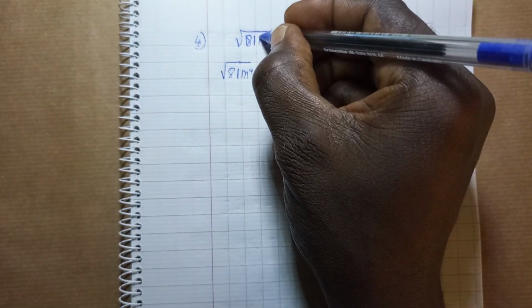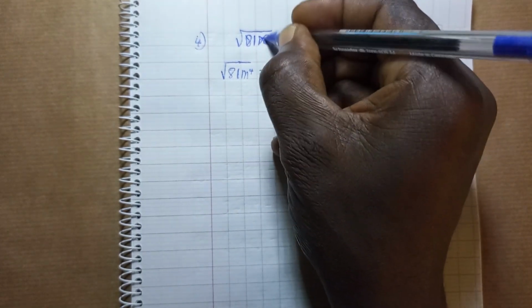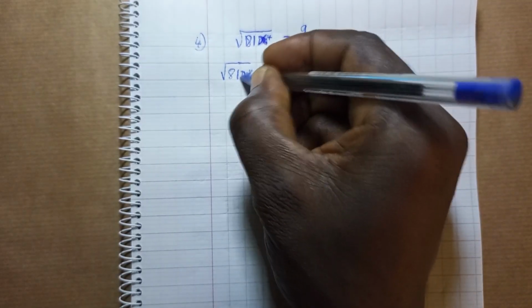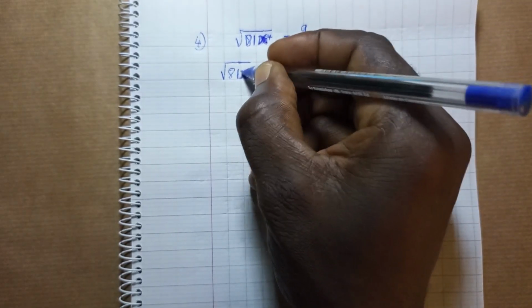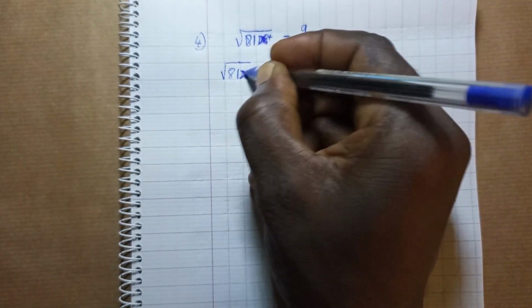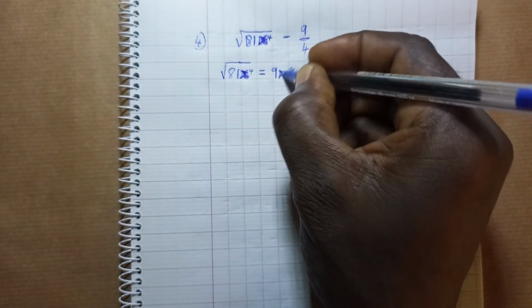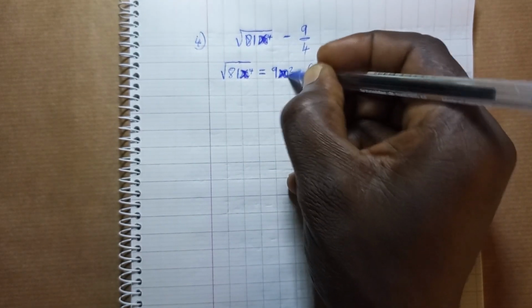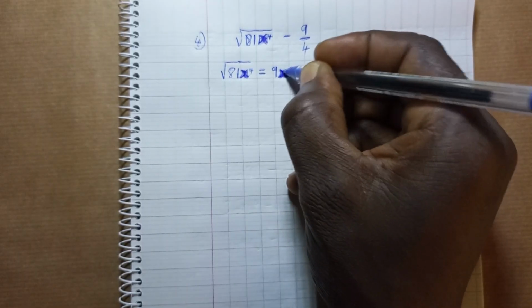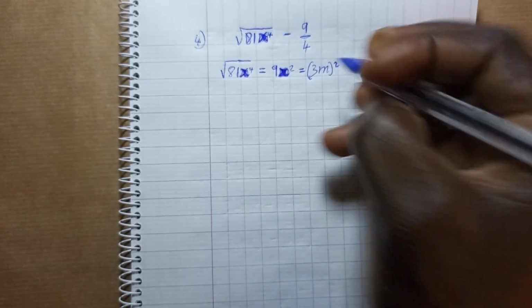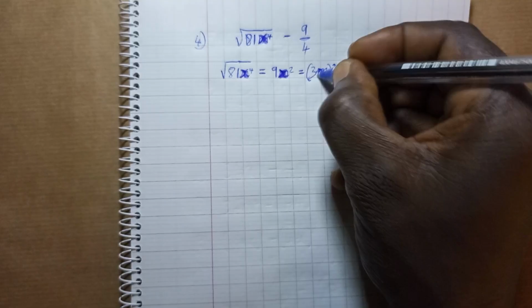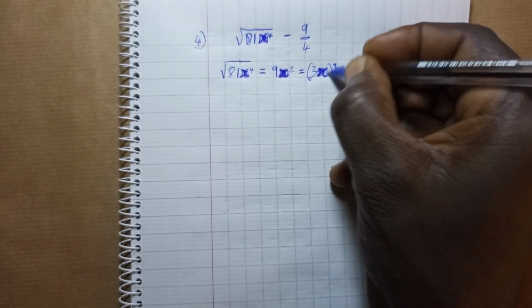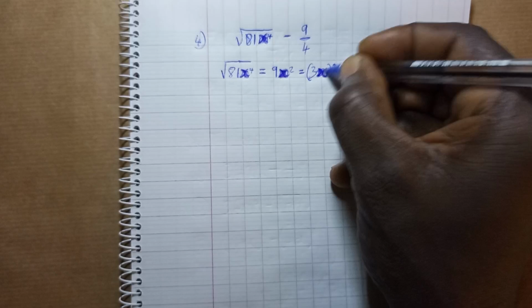This is not m, this is x. So it's a mistake. Sorry about that. x square.